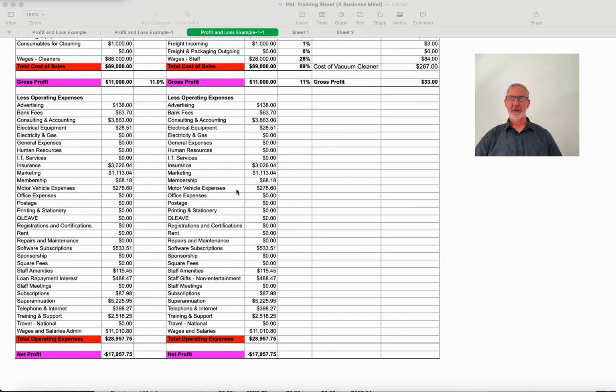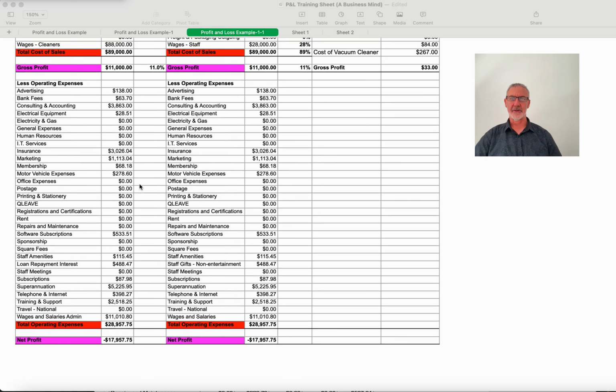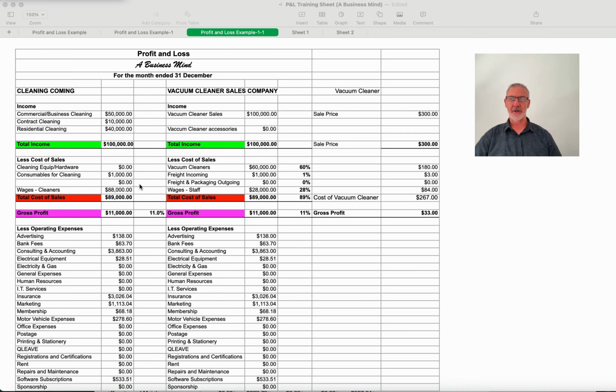So you'll see things like rent, sponsorship, it could be things like training, telephone and internet, those sort of costs that are associated with a bigger company. But in this talk we'll be more focused on the gross profit and two examples of that.